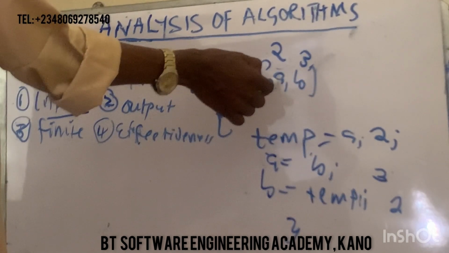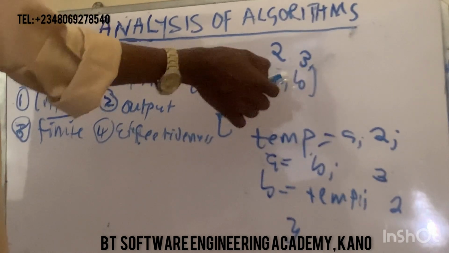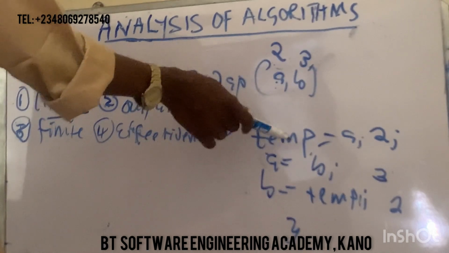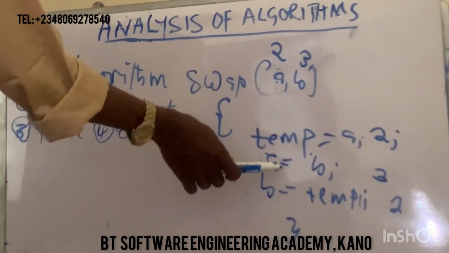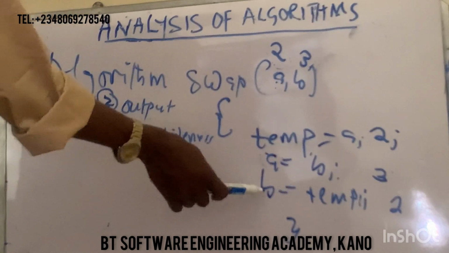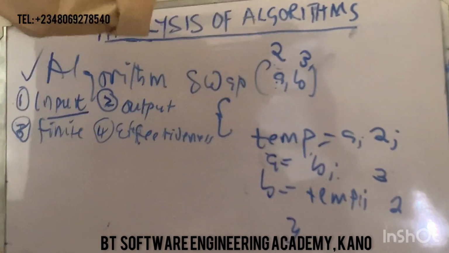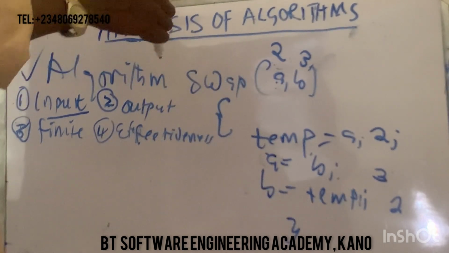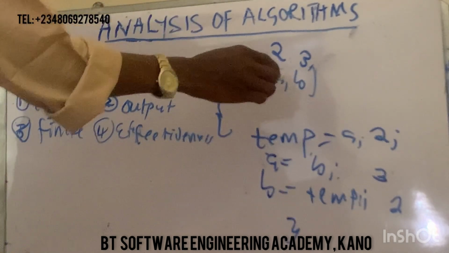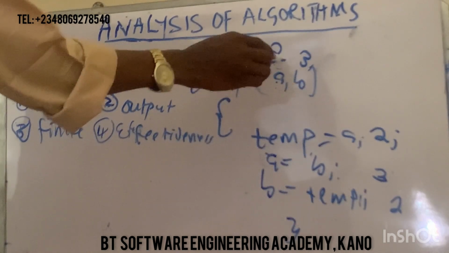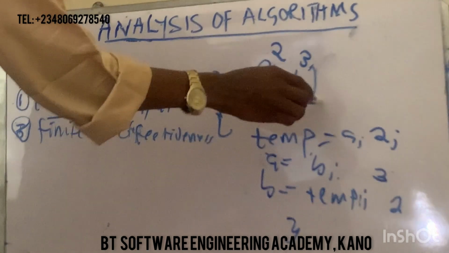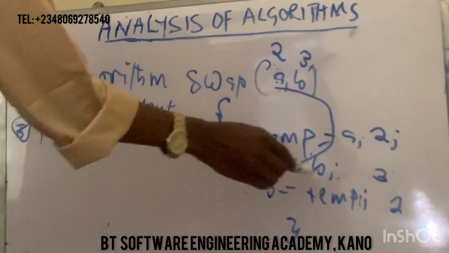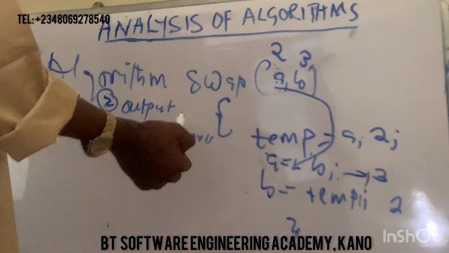So at the end, you see, initially we have A and B with the values 2 and 3. But at the end we get A equals 3 and B equals 2, which is the reciprocal, or swapped value, of what I initially created. You see, I had 2 here for A, but now the value of A, which I assigned, is 3.